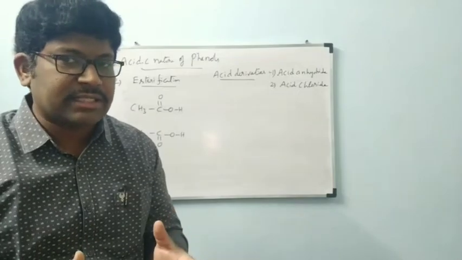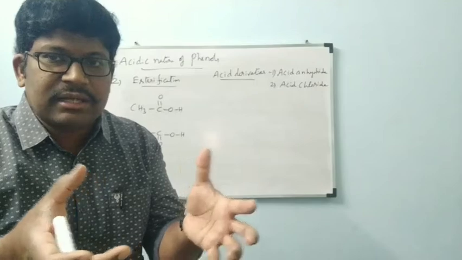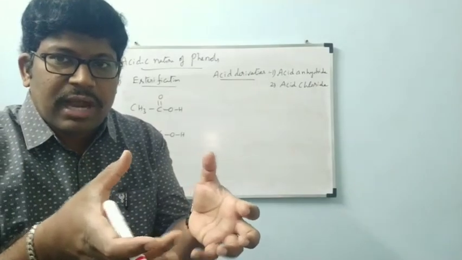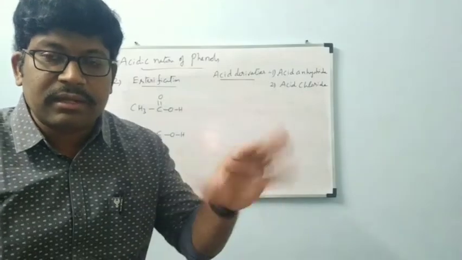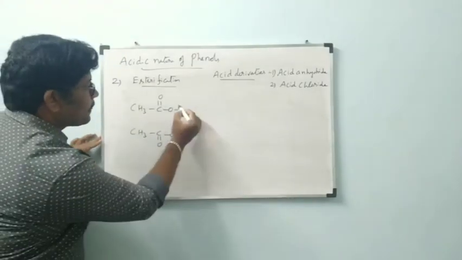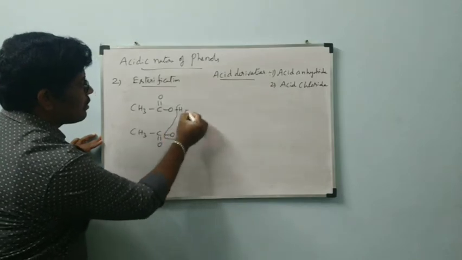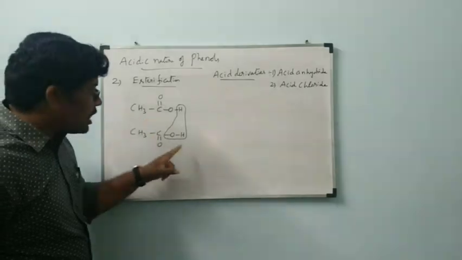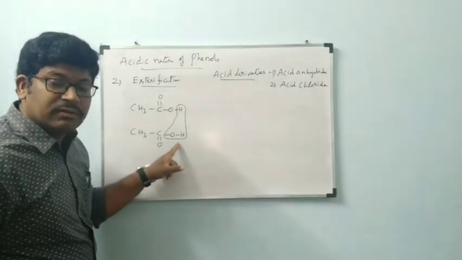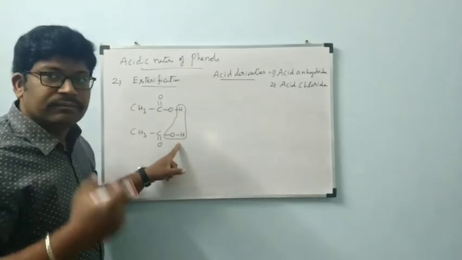When we are heating that acetic acid, two molecules of this ethanoic acid or acetic acid are coming closer and they are undergoing chemical reaction in a way that water will be gone out. See, H from one acid molecule and OH from another acid molecule are going to be coming out as water vapor.